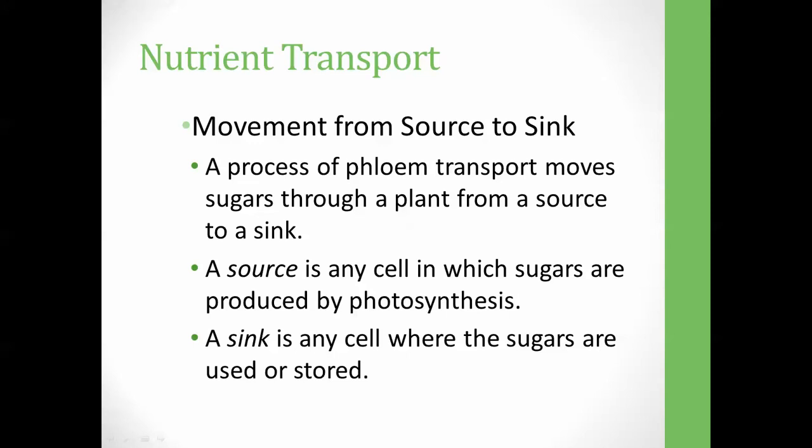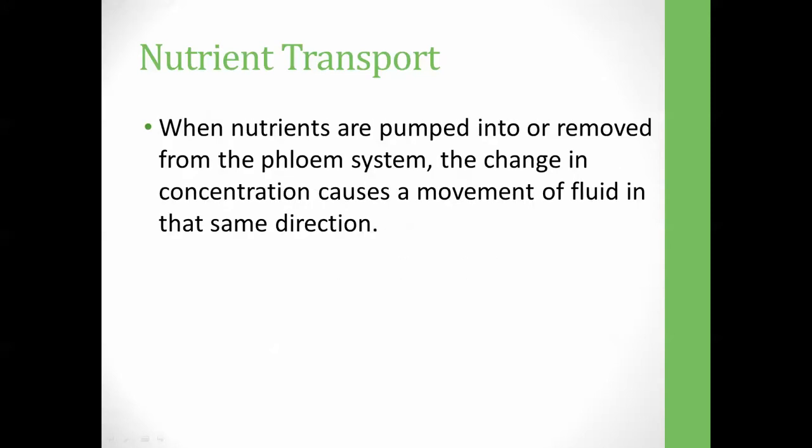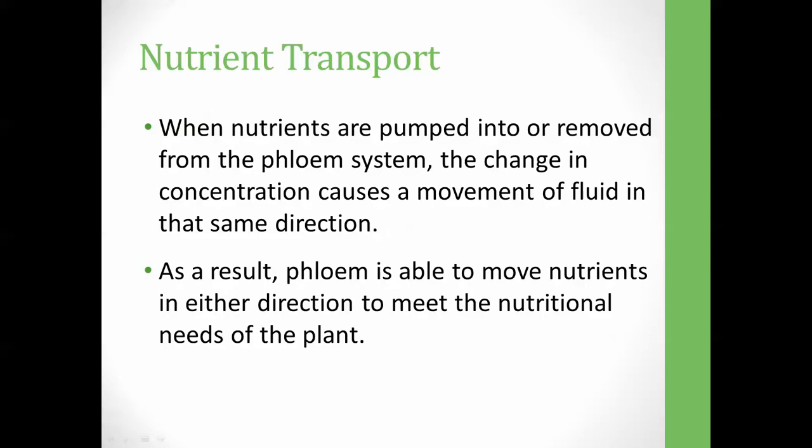So we're going to talk about how the plant will move nutrients from the source to the sink. When nutrients are pumped into or removed from the phloem system, the change in concentration causes a movement of fluid in that same direction. So it's basically like our little osmosis here. Once the concentration changes in one area, water is going to flow. And as a result, the phloem is able to move nutrients in either direction to meet the nutritional needs of a plant. Now if this is confusing, we're going to break it down.